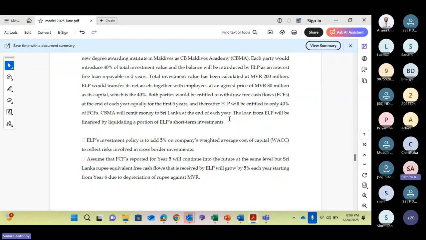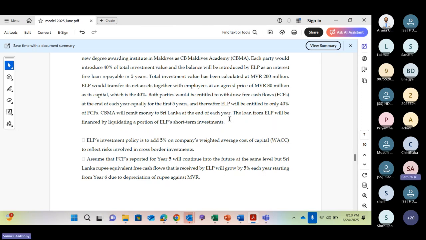ELP's investment policy is to add 5% to the company's weighted average cost of capital to reflect risk involved in cross-border investment. When you make an investment in a foreign country, you will consider it risky compared to doing business within the same country, within Sri Lanka.